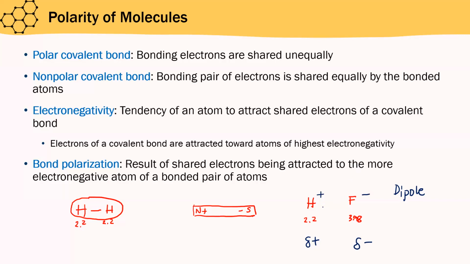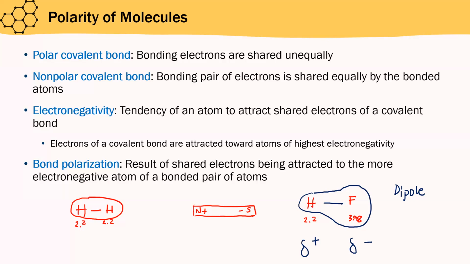That's the time when you can say that it's positive and negative. But if they are in a molecule, and the difference is just that the electron cloud is not balanced, we signify it with the Greek letter delta, which means partial positive, partial negative. We assign the partial negative to the more electronegative atom, and the partial positive to the side of the molecule that is less electronegative.